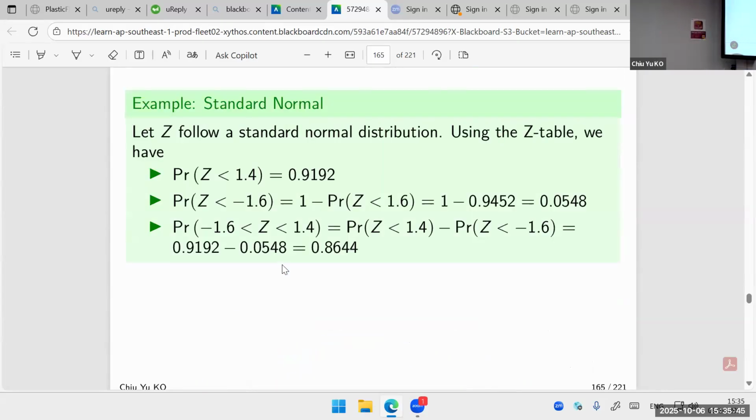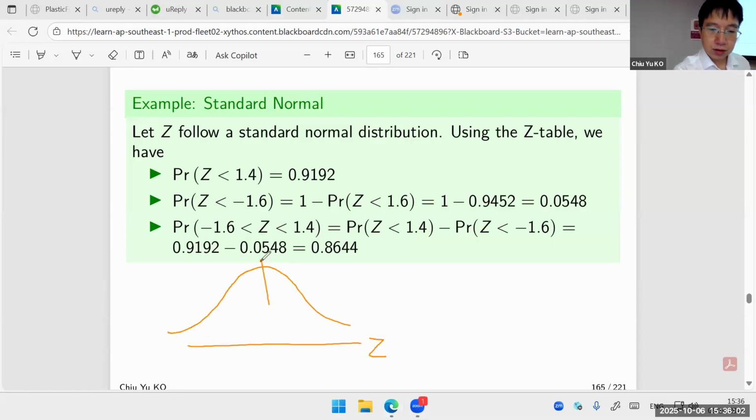And the next one is slightly more complicated. It's between two values, okay? So for the idea of this, you have to rely on what you learned in kindergarten. So first is asking between 1.4 and negative 1.6, right?